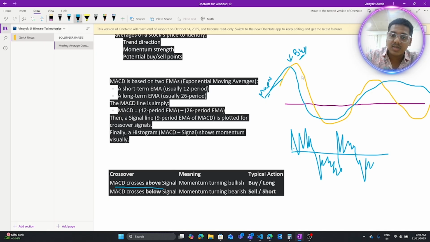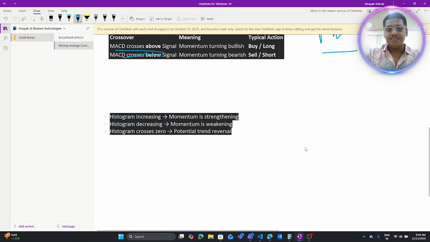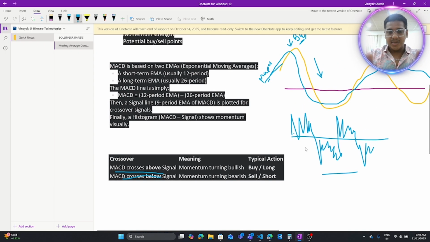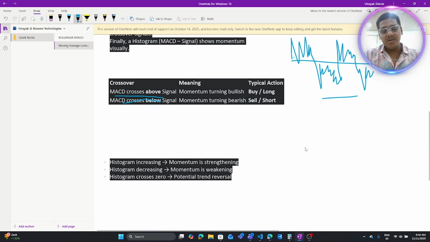And whenever the MACD crosses below the signal line, it is a sell. This is the basic trend, and the histogram is there to check whether the momentum is going upward or downward. This indicator is mostly used in momentum strategies. I'll explain this in the next videos, and strategy videos will also be there.